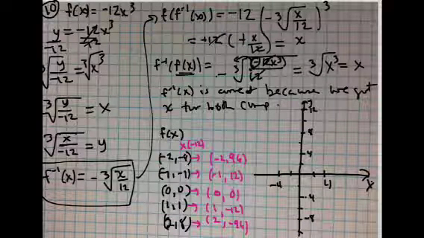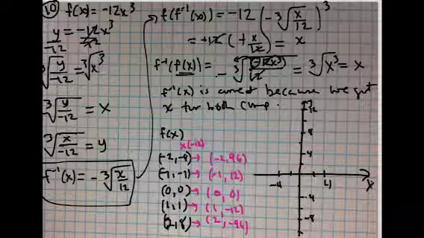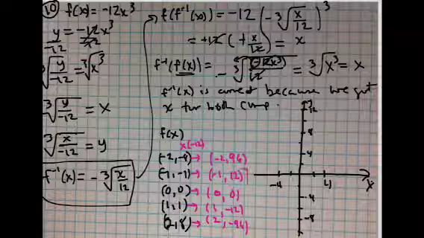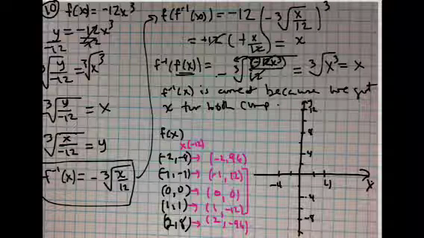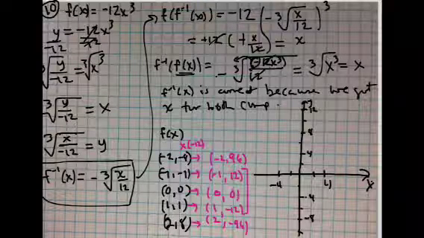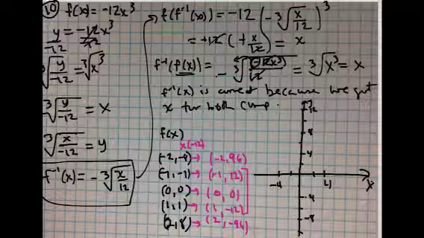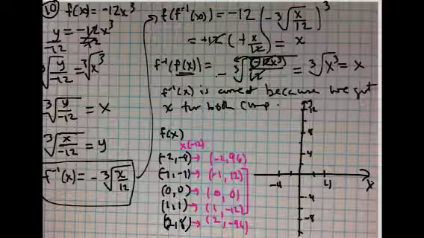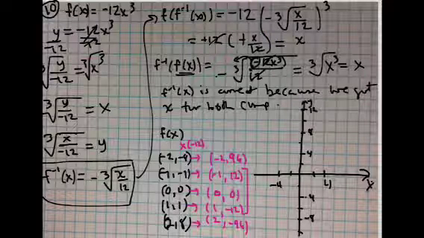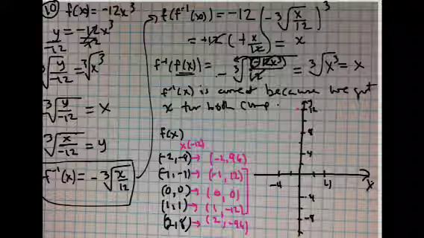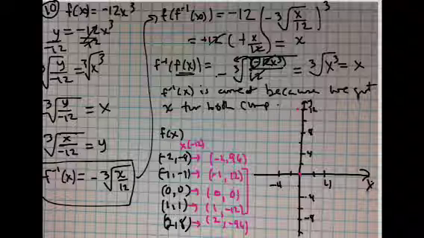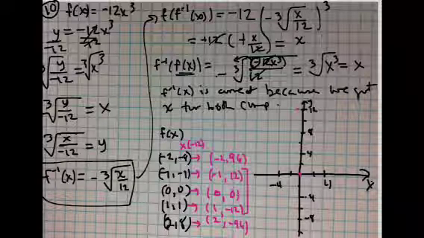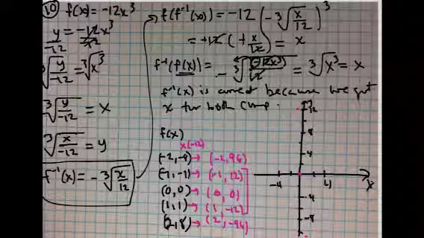As long as you have these three, you're good. So (-1, 12), I'm counting by 2's on the axis on both of them. So (-1, 12) would be here, (0, 0), and (1, -12). So it's off the grid slightly, so it's going to be about here.